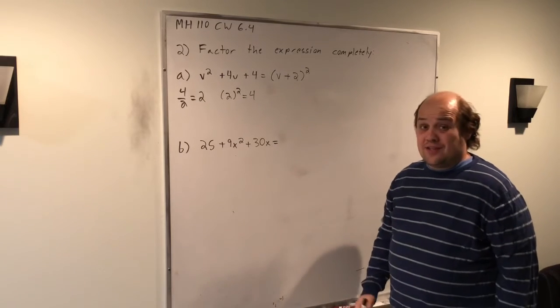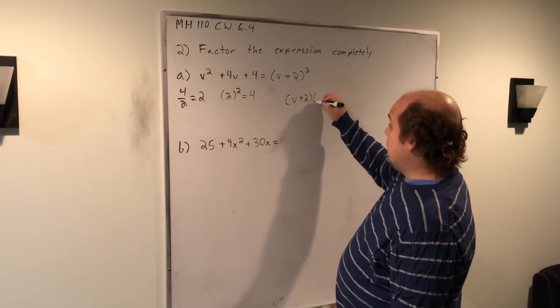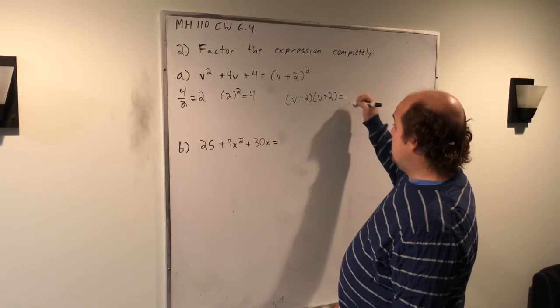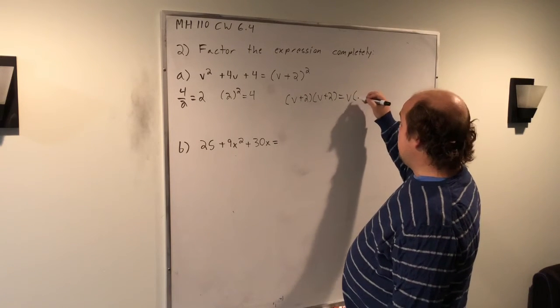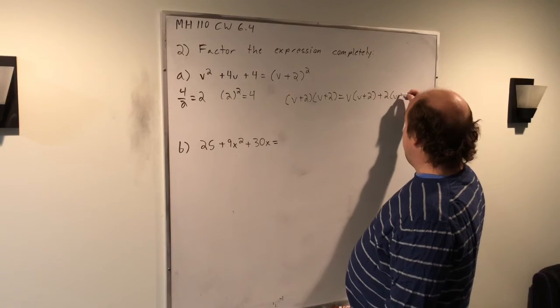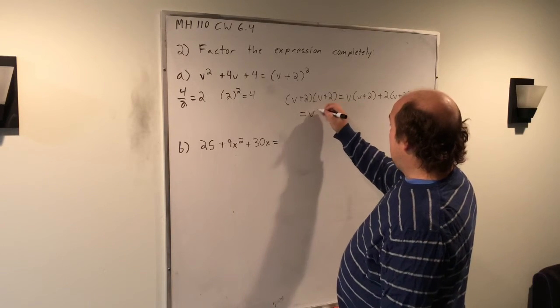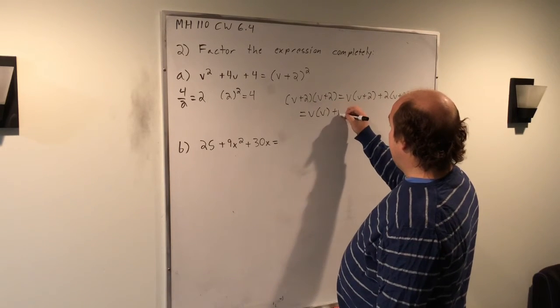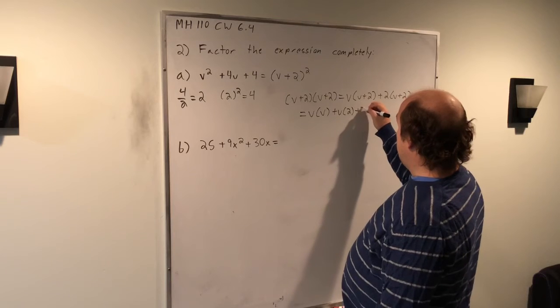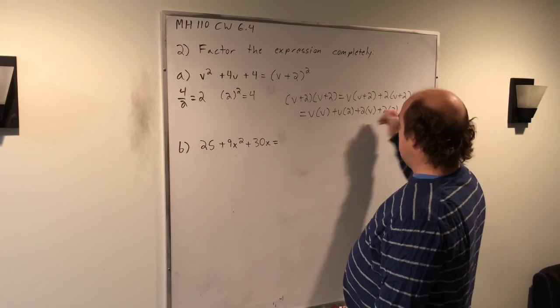Just to show you that this formula does work, if I do it out, v plus 2 times v plus 2, I would write it as double distribution: v times v plus v times 2 plus 2 times v plus 2 times 2.